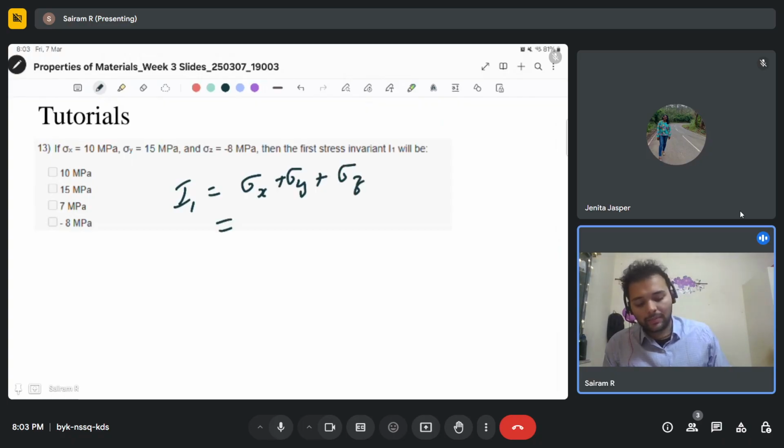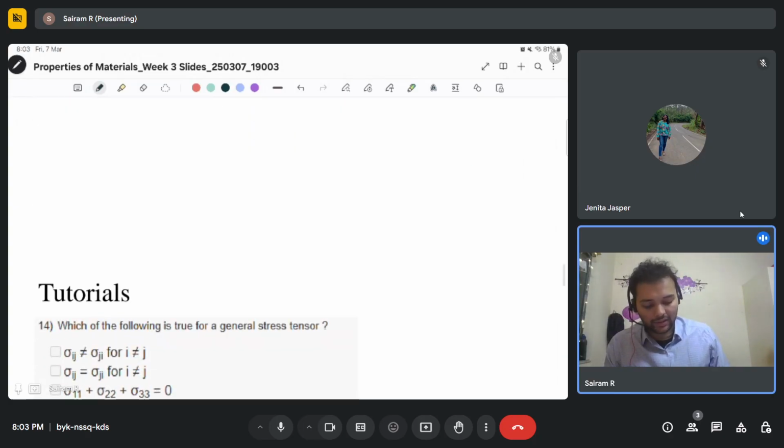So there is one small error. It will be 10 plus 15 minus 8, which gives rise to plus 17 MPa. Where we have 7 here, it should be 17, and this is the right answer.